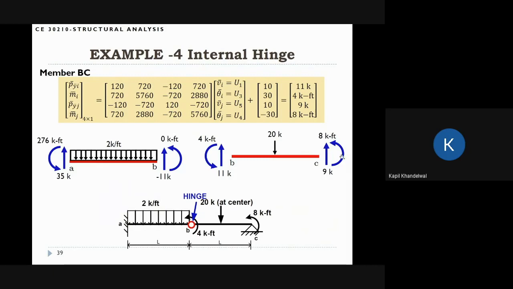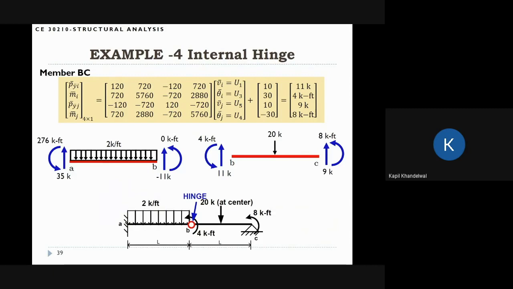And the moment at the C end is 8 kip-feet, which is the moment that was applied. So this moment is the same moment here. Everything is in equilibrium and all the forces are balancing out, and this completes this problem.